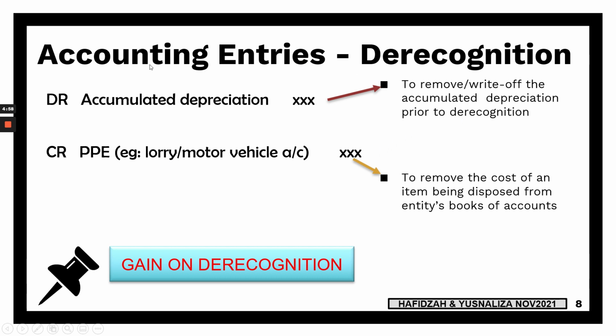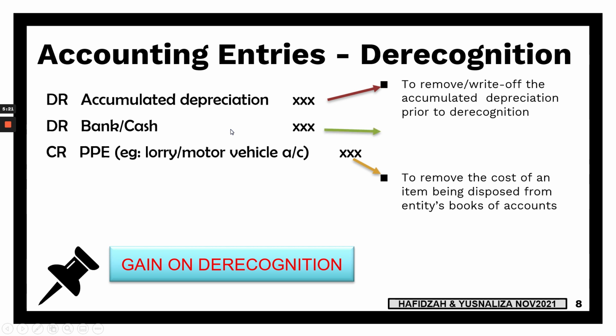When you provide depreciation, accumulated depreciation is credited, so whatever was earlier credited now has to be debited, because you need to remove that accumulated depreciation prior to the derecognition of that particular PPE, the motor vehicle, for example.